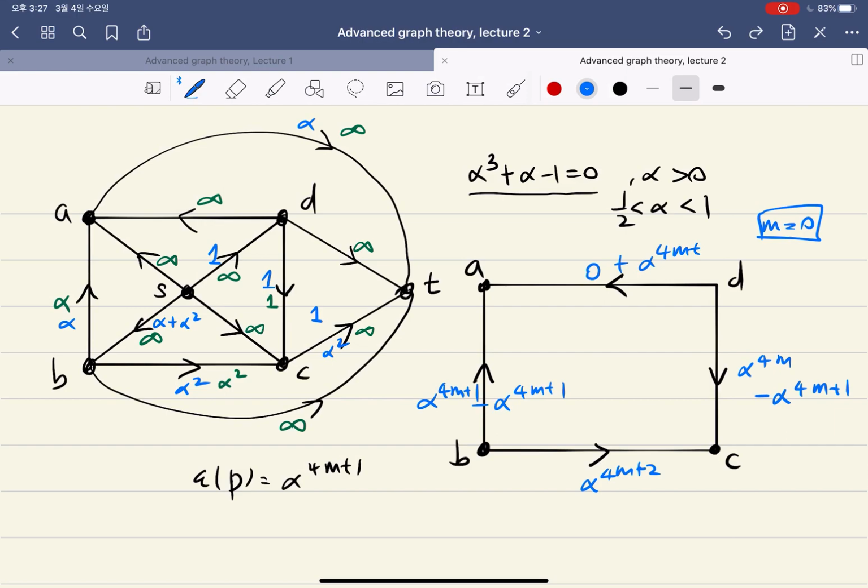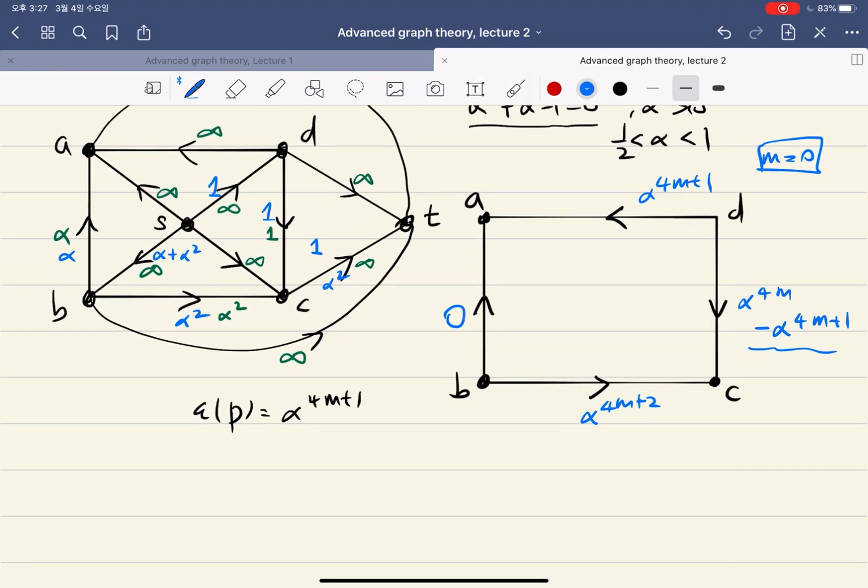Then what does this become? So first, this becomes 0. And this becomes alpha to the 4m plus 1. And this stays the same. And this becomes alpha to the 4m times 1 minus alpha.